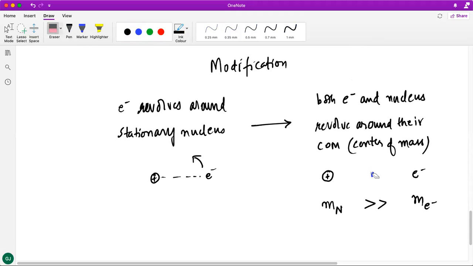So this center of mass is much closer to the nucleus as compared to the electron, because the nucleus is heavier. And in this modified theory, the nucleus is not stationary. In fact, the nucleus and electron together revolve around their center of mass. This is the modified version.